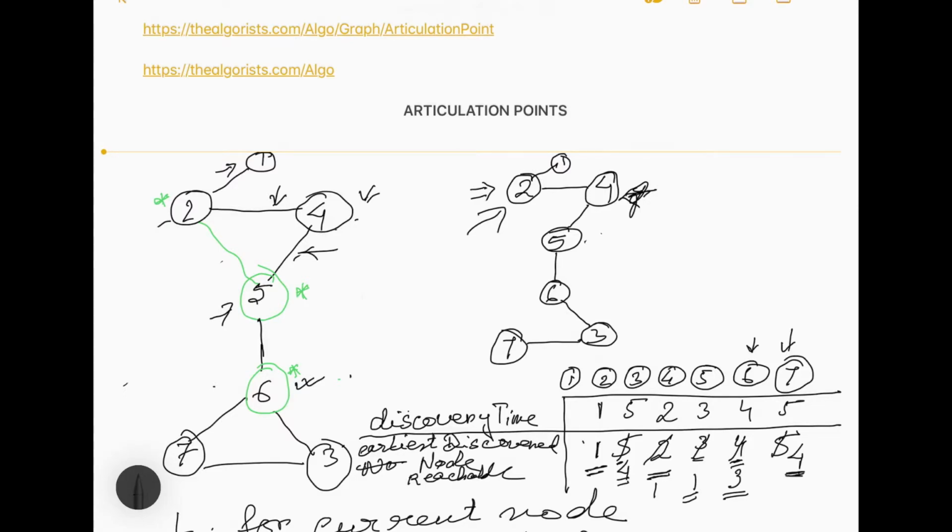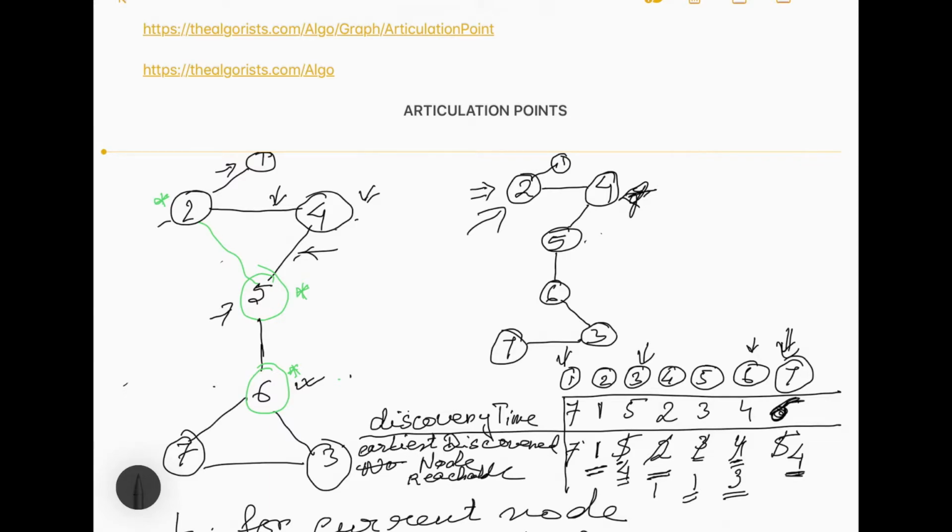So we visit 1, and the discovery time of 1 would be... okay, I see I have made one mistake here. The discovery time of 3 is 5, so the discovery time of 7 needed to be 6, because we visited 3 and then 7. So the discovery time of 1 would be 7, and we also initialize the earliest discovered node reachable to be 7. 1 has only one adjacent node, which is 2, and that happens to be its parent node.